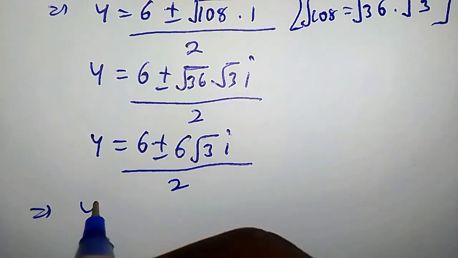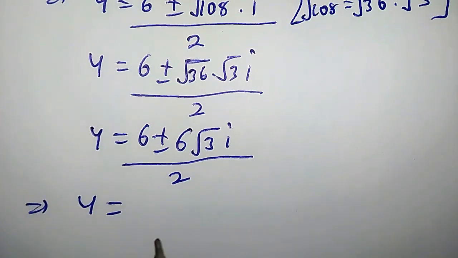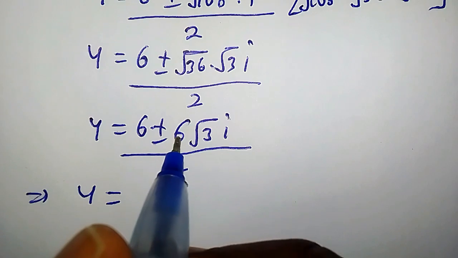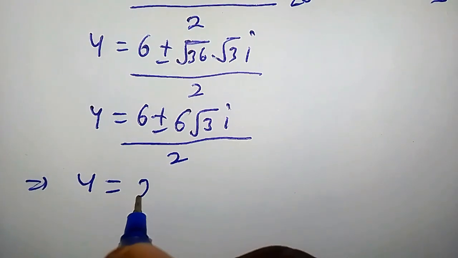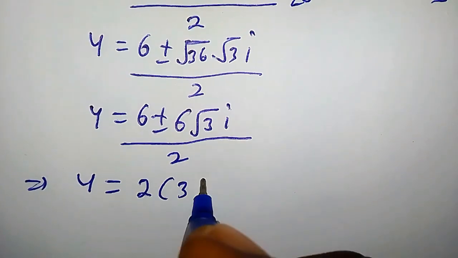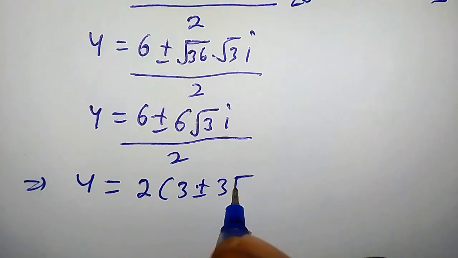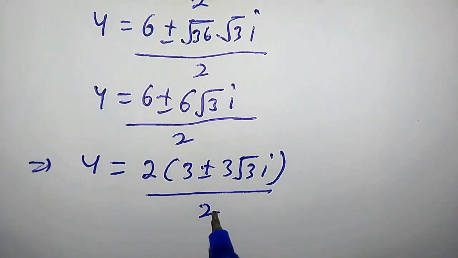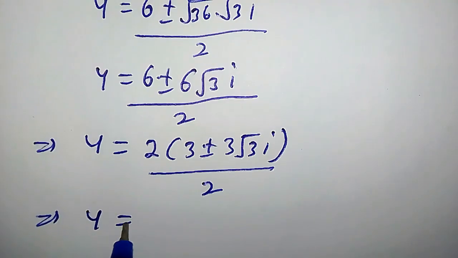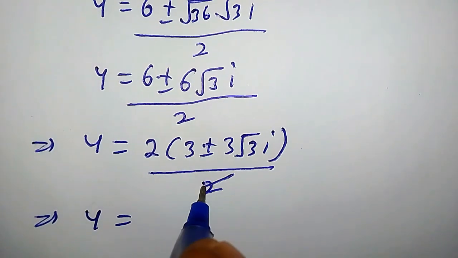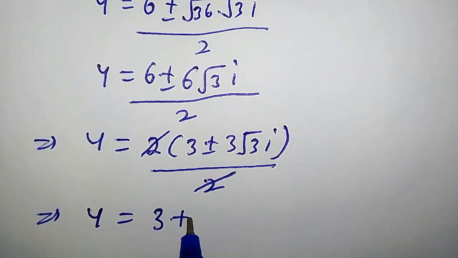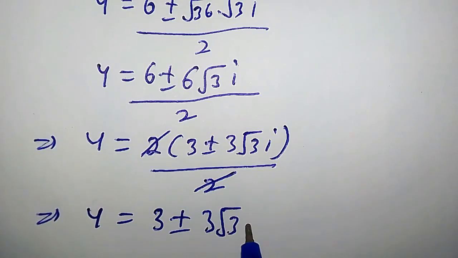This implies that y is equal to, it is possible we can factor out 2 from this numerator. So that will be 2 into 3 plus or minus 3 root 3i, all divided by 2. Clearly 2 cancels 2, we are left with 3 plus or minus 3 root 3i.